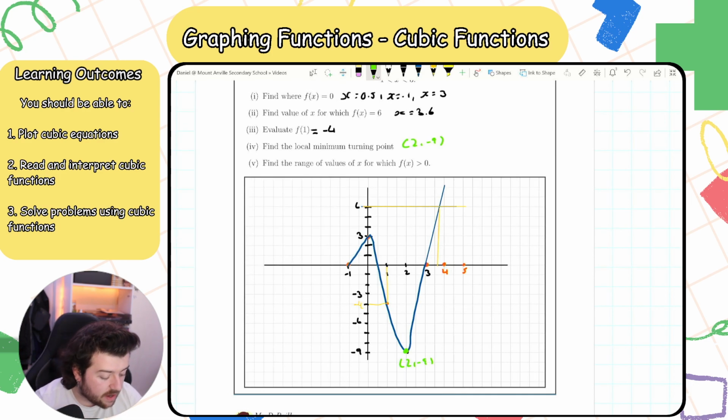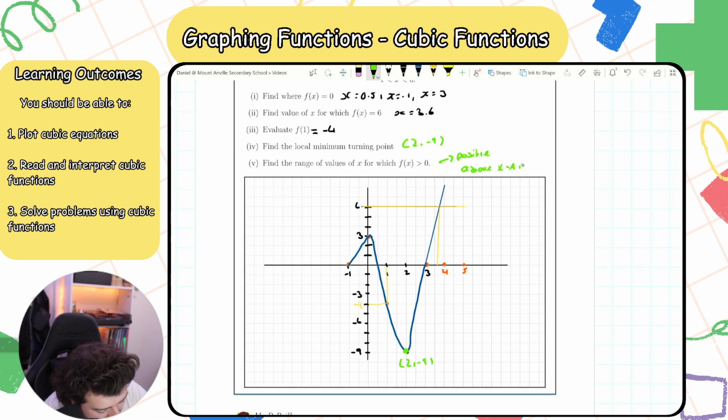And then find the range of values for which f of x is greater than 0. So it is positive, or above the x-axis. So we want to find out where it's above the x-axis. Well, it's above the x-axis between these points and these points.